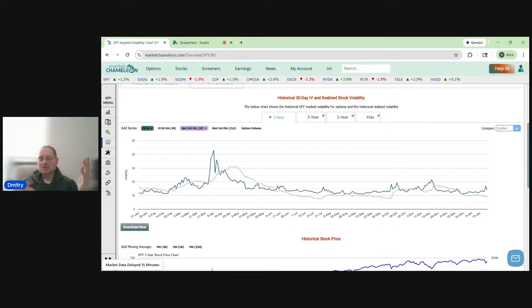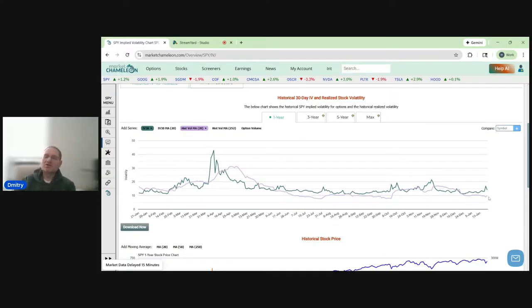Does the implied volatility fluctuate around those historical volatilities, to the upside and to the downside? How far apart do they diverge? And that's what these two lines allow us to see all in one chart, right?